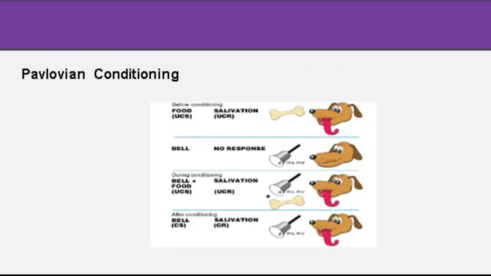Okay, and one of the famous behaviorists is Pavlov. Okay, what happened to this Pavlov? Pavlov is known for Pavlovian conditioning. As I mentioned earlier, before, there will be no drools or salivation doon sa dog every time na nakikita niya yung isang bagay.